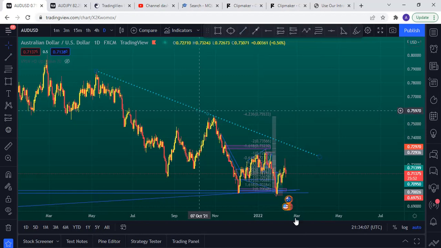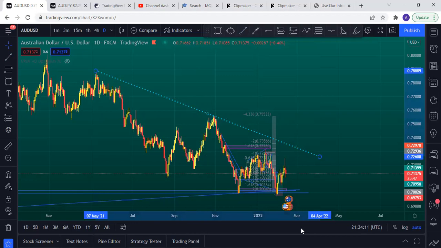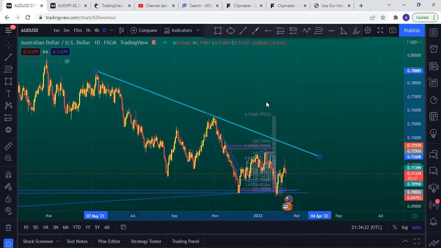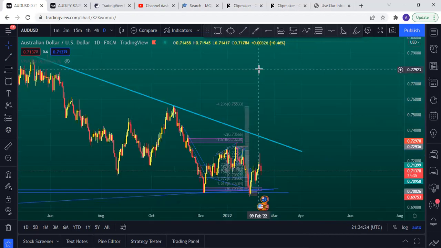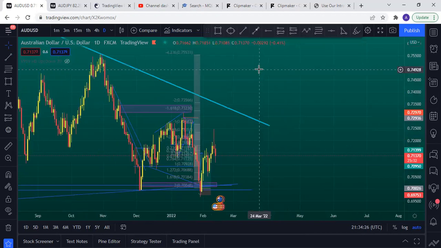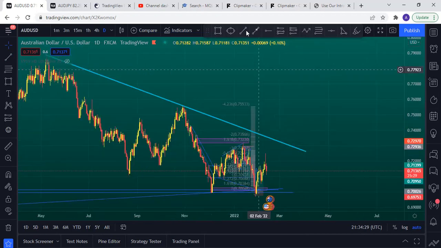Let me make that a bold line. Zooming in a little bit, we'll see that we've had a couple of internal trend lines.